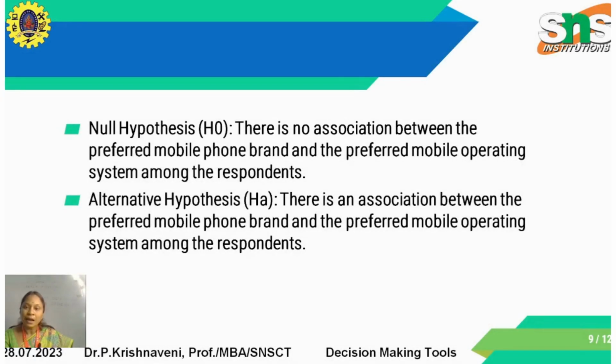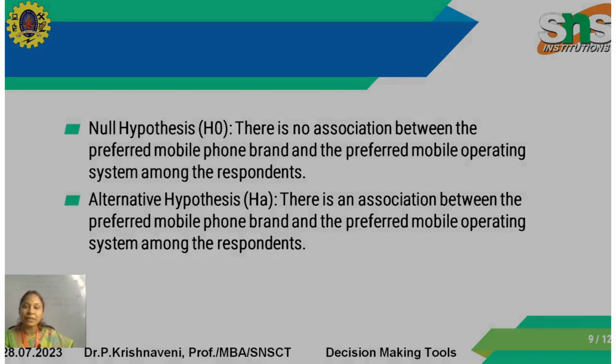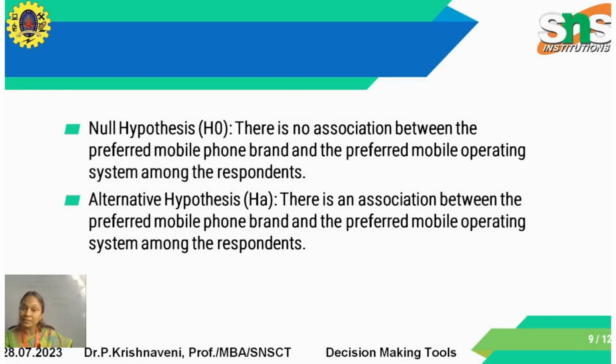Likewise, in our case, we collected two sets of data. One is the brand preference, the other is the operating system that they are having. Our null hypothesis for our case is that there is no association between the preferred mobile phone brand and the preferred mobile operating system among the respondents.